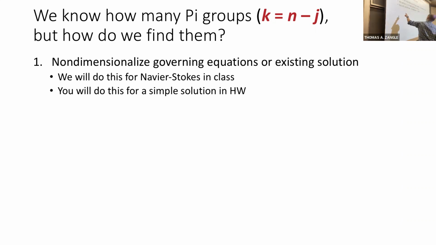One approach is to non-dimensionalize governing equations or an existing solution. So if you have an equation, then we can take that equation and rearrange it into dimensionless form. So we showed when we were talking about dimensional homogeneity at the beginning of this unit, we discussed how in the Bernoulli equation, by dimensional homogeneity, every term has the same dimensions, right?